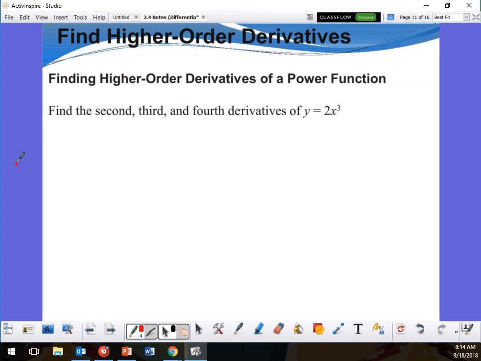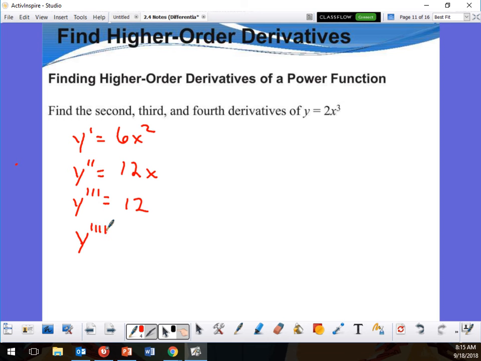Okay, so anyway, we have that. So we said y prime would be what? 6x squared. Very good. Now y double prime. Y triple prime. And y to the fourth, or fourth prime, you either see it like this or you'll see it like y.